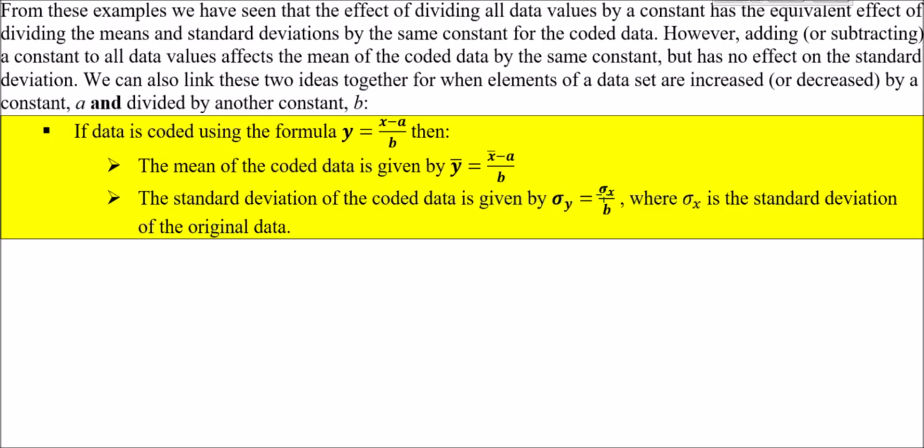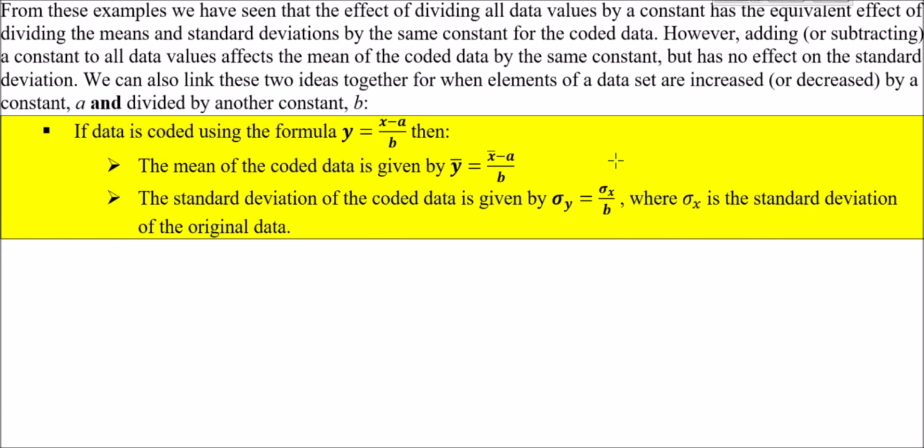Standard deviation of y is just the standard deviation of x divided by b. So this a, or the minus a, has no effect on the standard deviation, so we drop this from the formula for rearranging for the standard deviation.